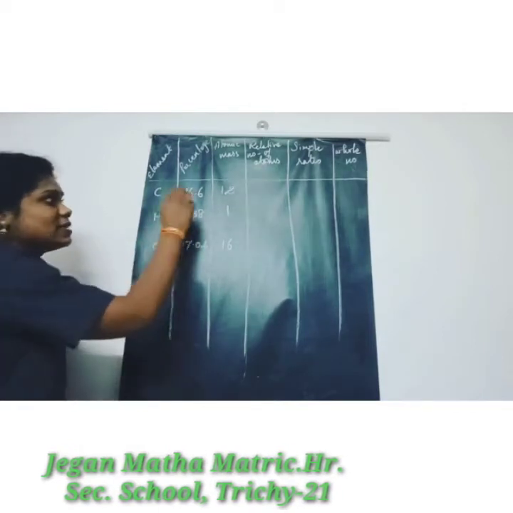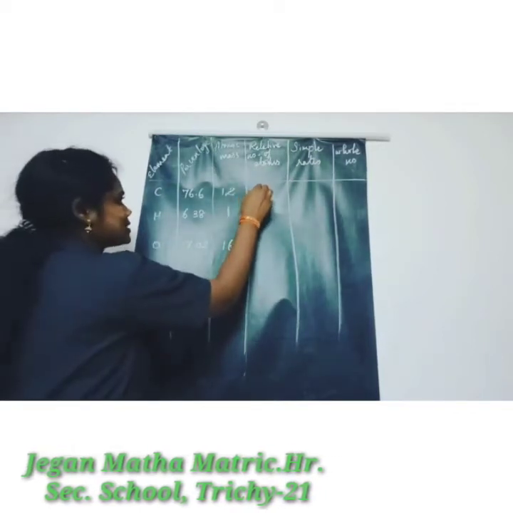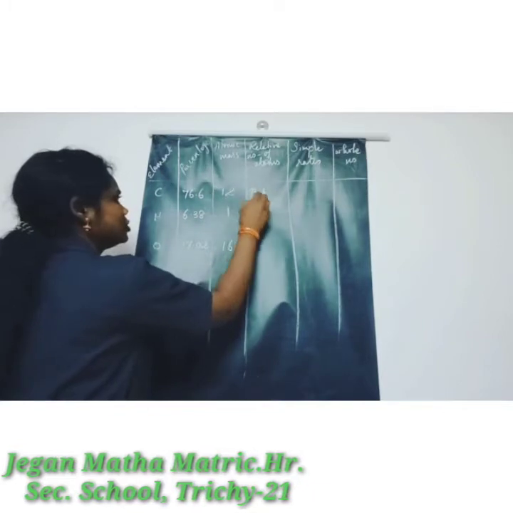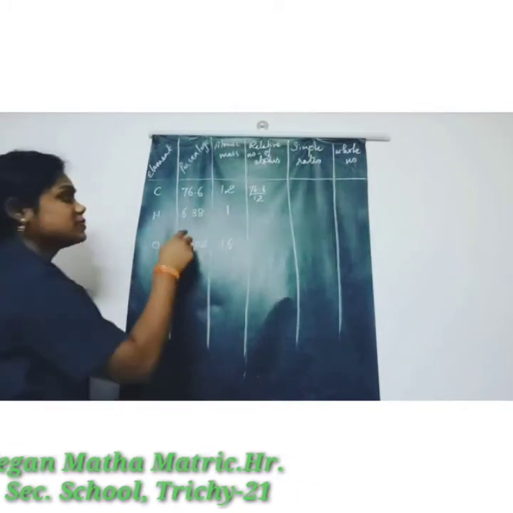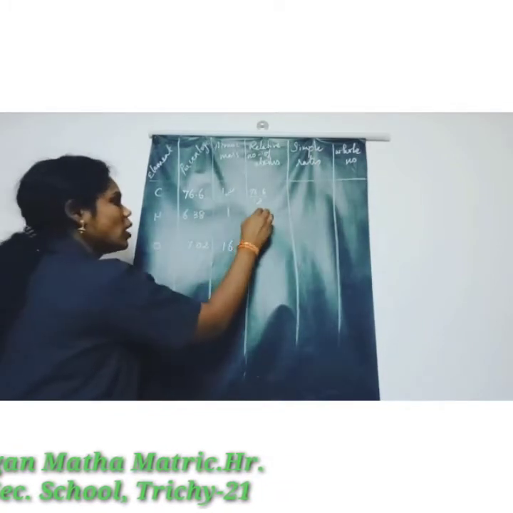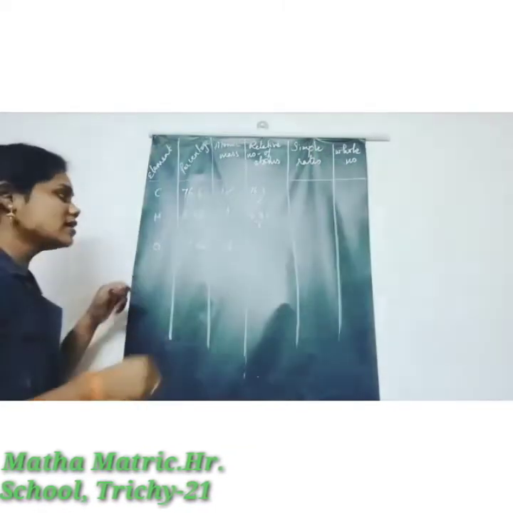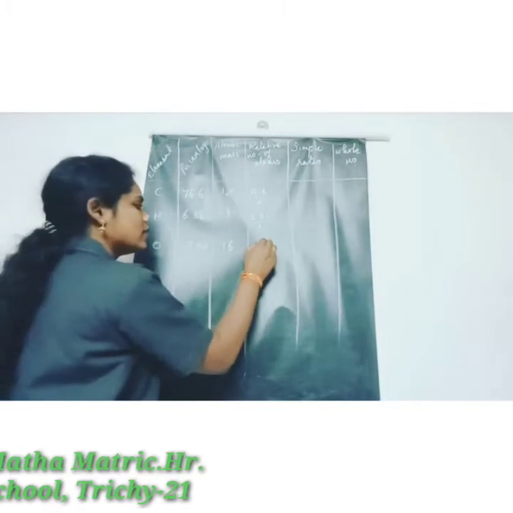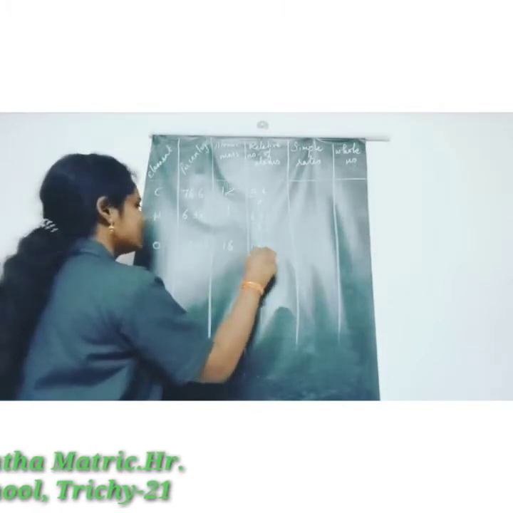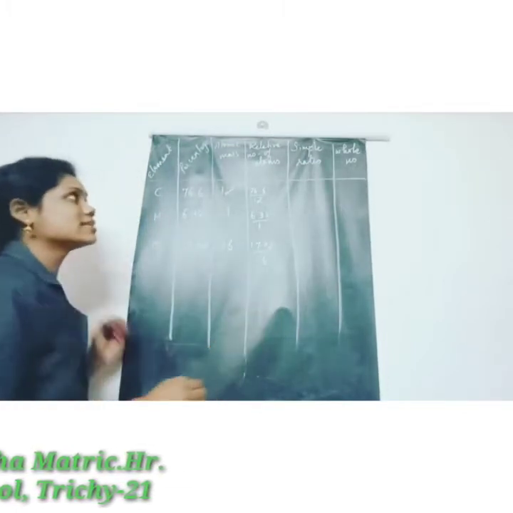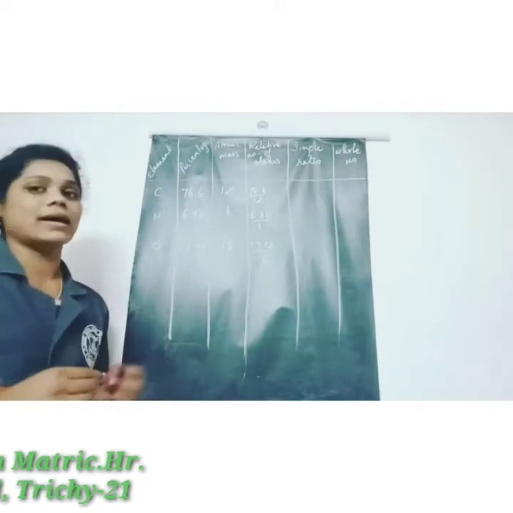So here 76.6 divided by 12, next 6.38 divided by 1, and next 17.02 divided by 16. These are the relative number of atoms.